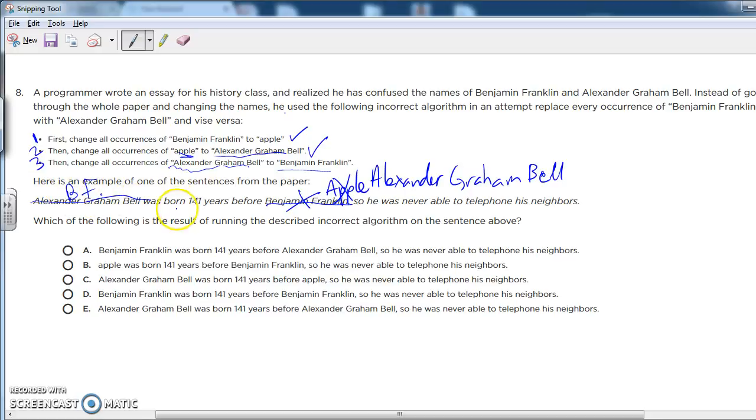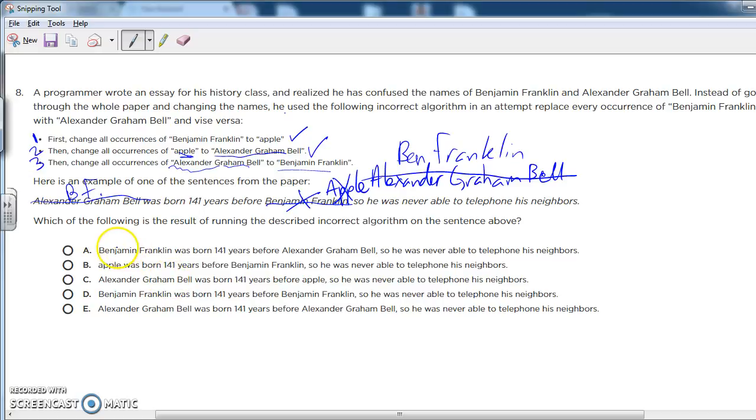So Benjamin Franklin was born 141 years before Alexander Graham Bell, which now is going to change to Ben Franklin, based on the third line of code. So again, the new sentence is Benjamin Franklin was born 141 years before now Ben Franklin, so he was never able to telephone his neighbors. There's no other lines of code, so we finished it. But that is how you do it.